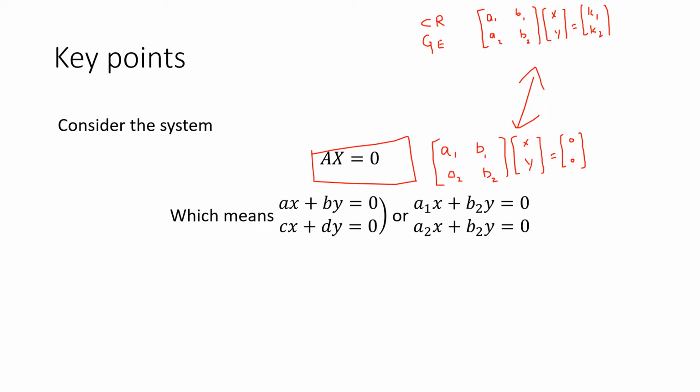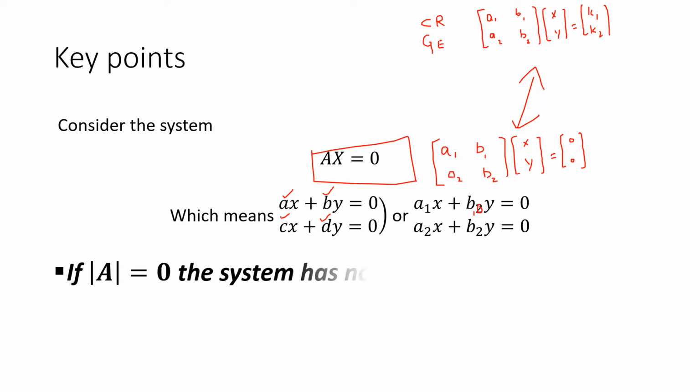Oops, this is supposed to be b1. Anyway, these are difficult, so simply a, b, c and d, and I think this book is using a, b, c, d here. So let's do it, making it a little different from the previous topics of Cramer's rule and Gaussian elimination.